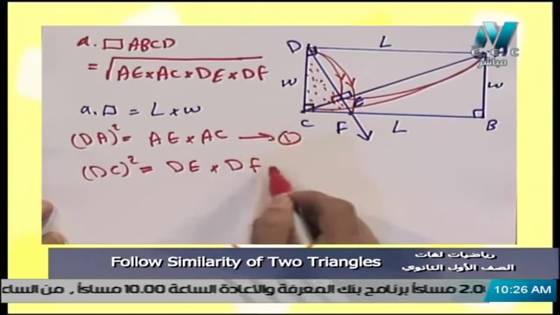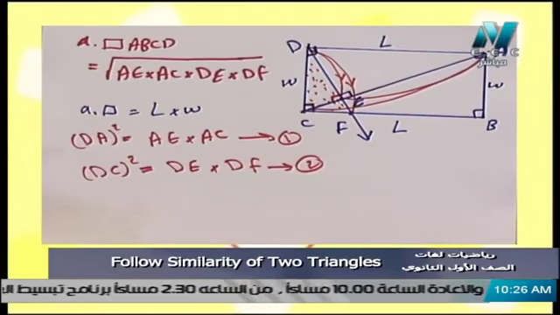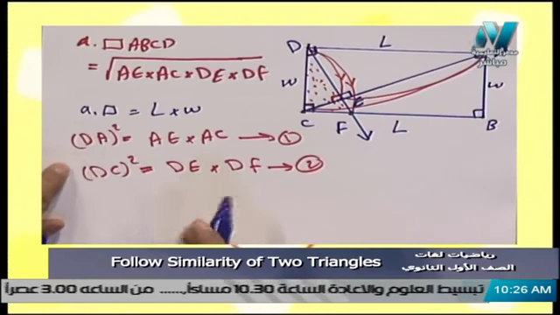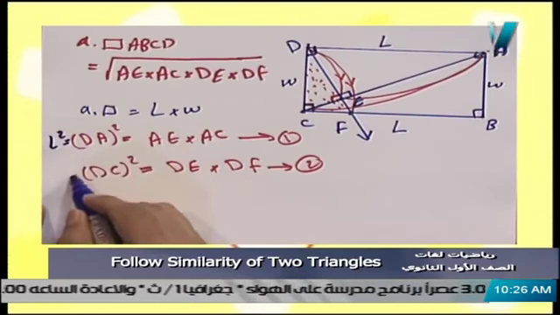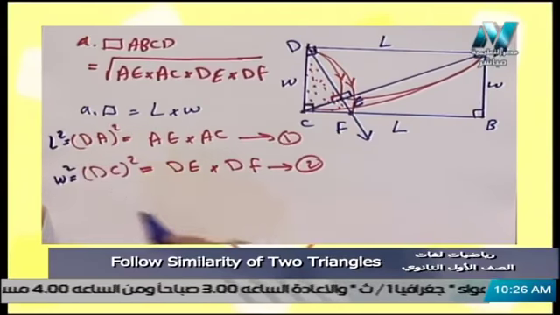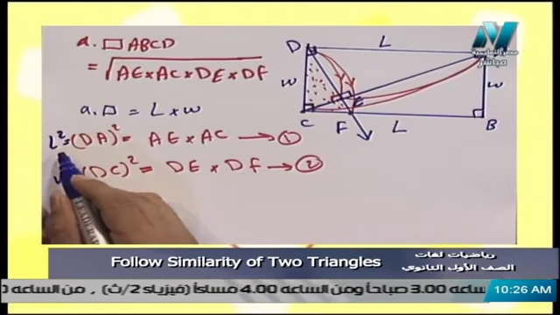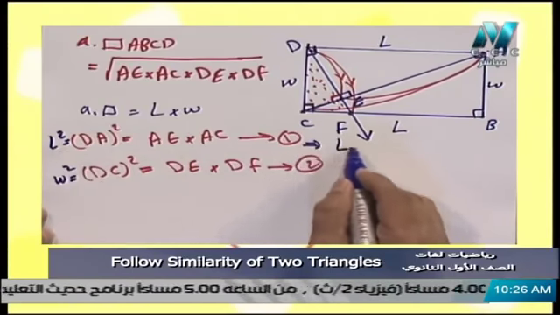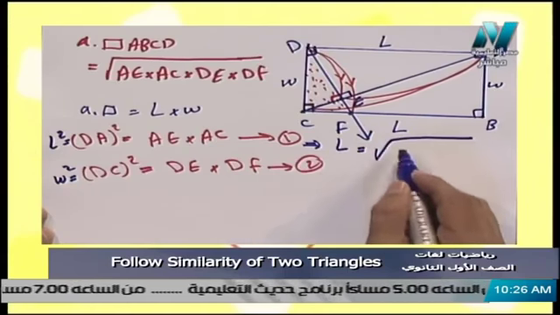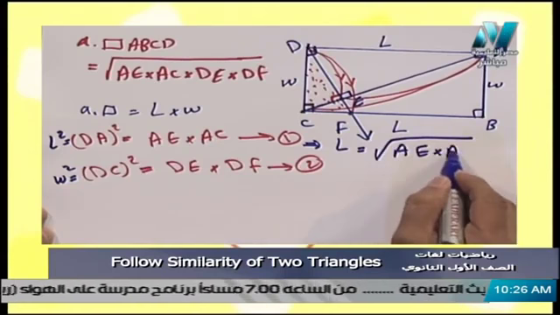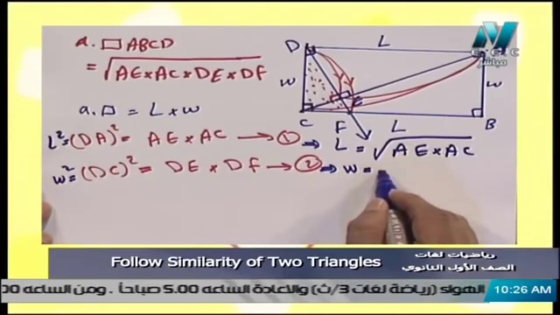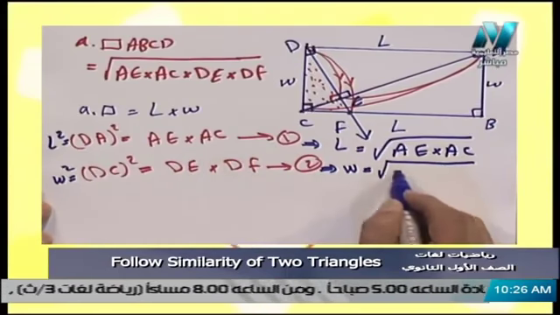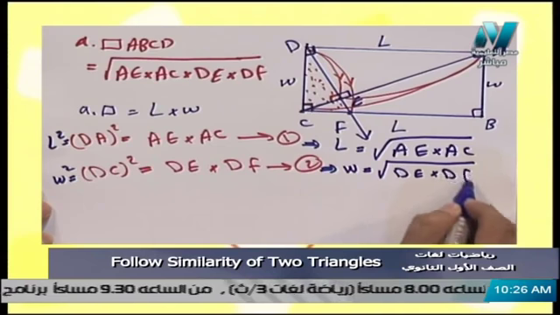Say this is 1 and this is 2, and from 1 and 2, DA power 2 means L power 2, and DC power 2 means width power 2, and we would like to find L also. L here equals the square root of AE multiplied by AC, and W, which is the width, equals the square root of DE multiplied by DF.